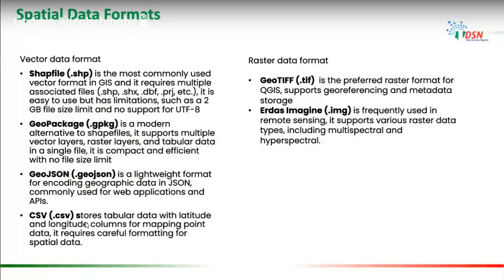When working on geospatial data, especially when you're analyzing it, a very good understanding of the format your data is in is paramount. This will decide how you're going to interact with it. For example, Shapefile is one of the most commonly used vector formats.